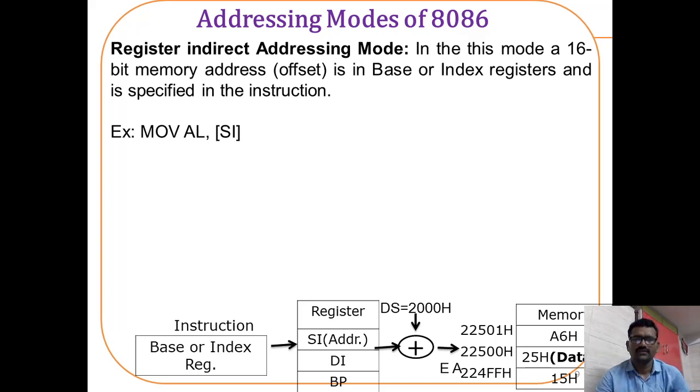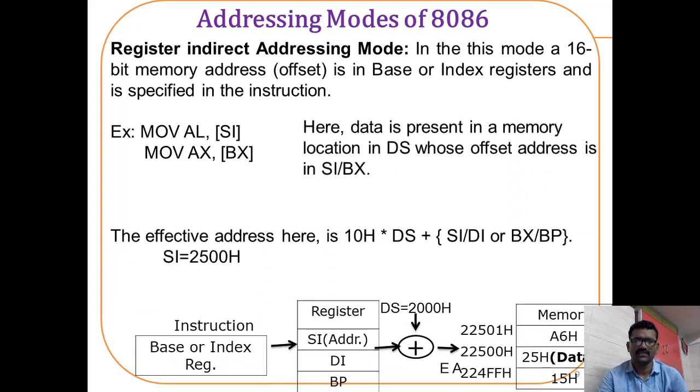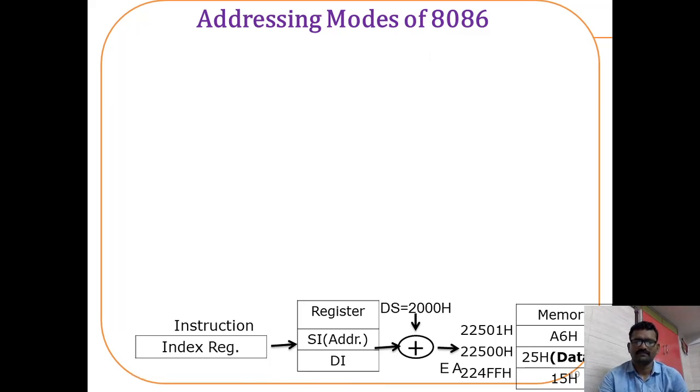We can use base registers BX, BP, and index registers SI, DI to specify the address. These are the examples. To form the physical address, the 8086 microprocessor will get the address from the register, it may be base or index, and it will be added with the DS register, and will get the 20-bit physical address.